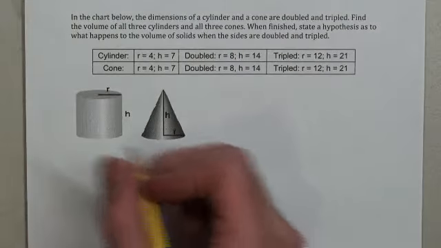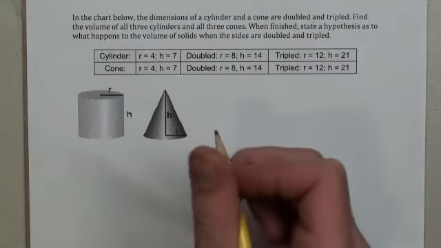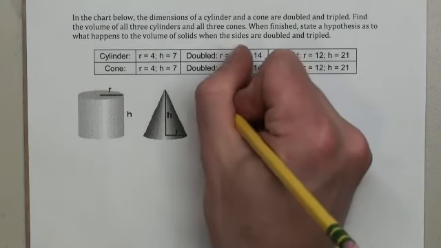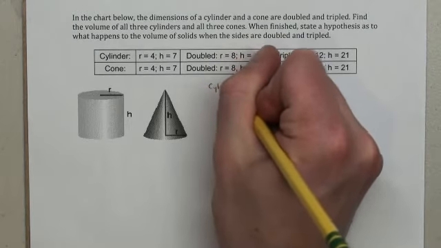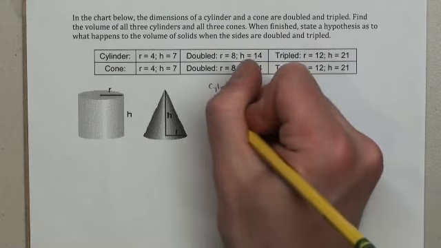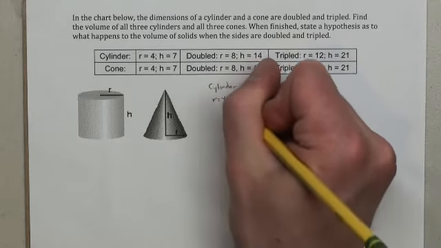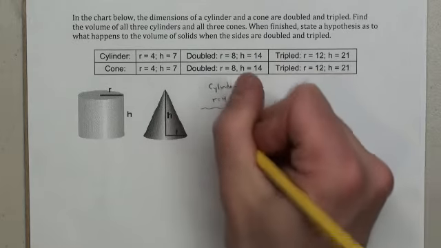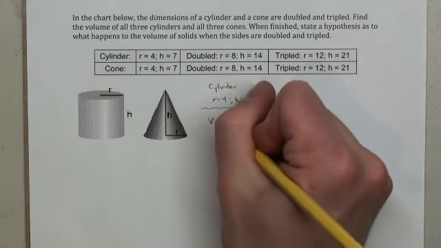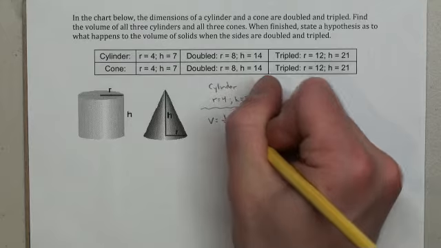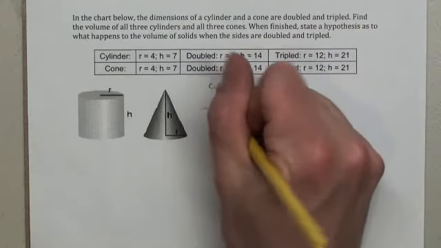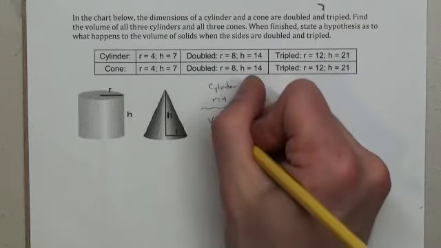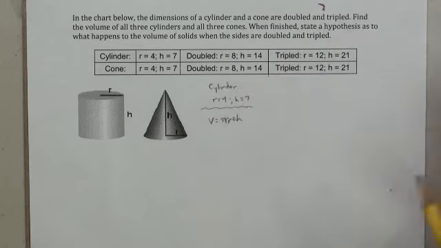Alright, so here's what we're going to do. First we're going to do the cylinder for when r equals 4 and h equals 7. Volume equals 1/3. Nope. Volume equals pi r squared h.